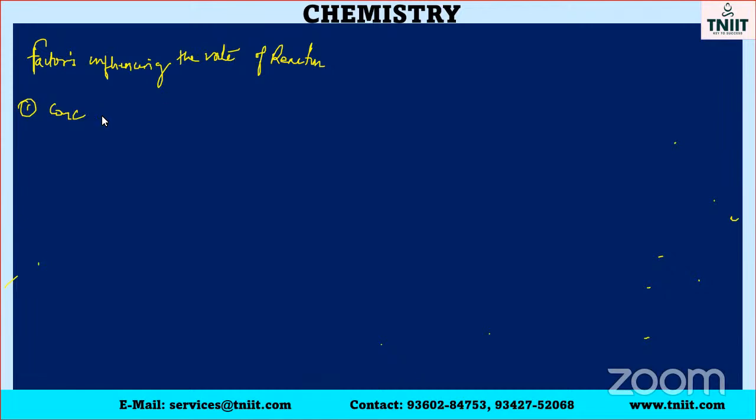So concentration, the first factor: the more concentration, the more the frequency of collision. Therefore, more products can be formed, and the rate of reaction increases.